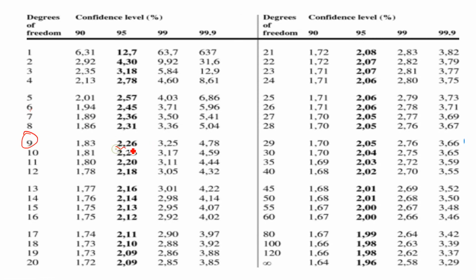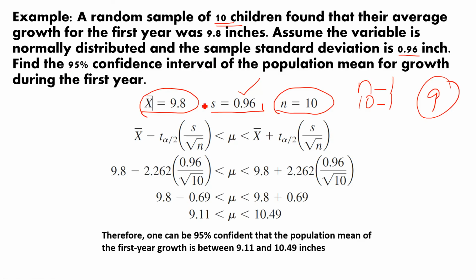And then 95%. Different books have different tables. Sometimes it goes to 3 places after the decimal, 2.263. So I have used 3 decimal places, 2.262. Just put the values, everything is given, and simplify it. When we simplify, keep in mind whatever is in the parentheses you have to solve first.